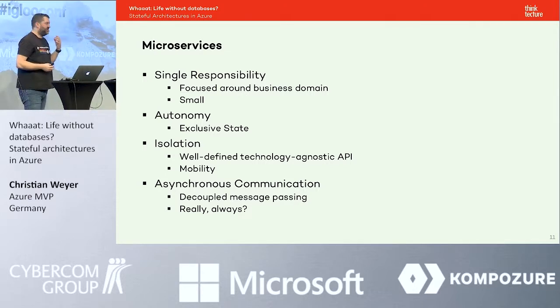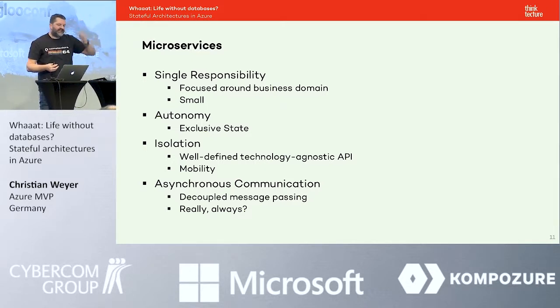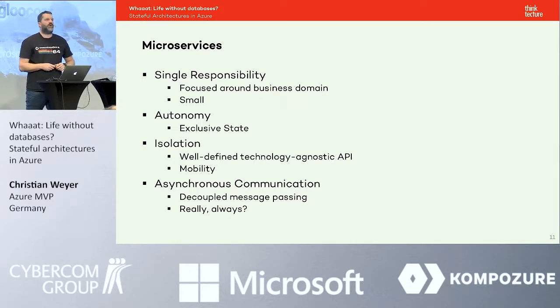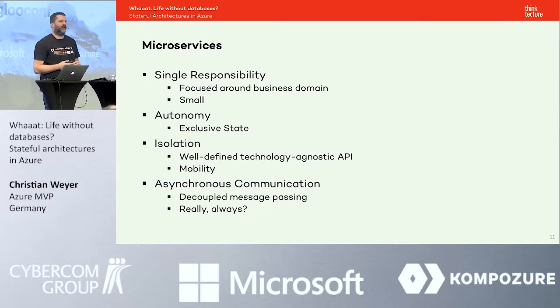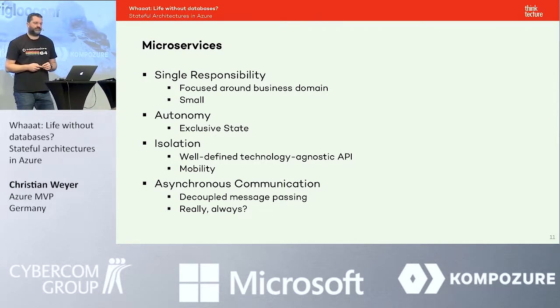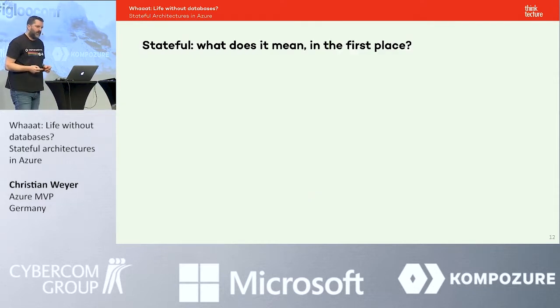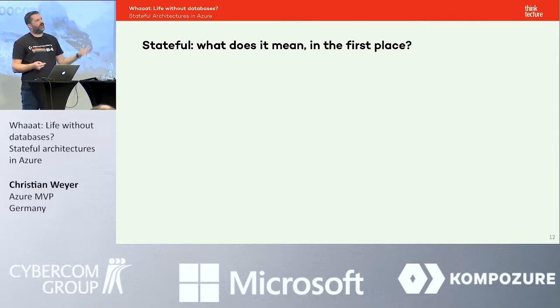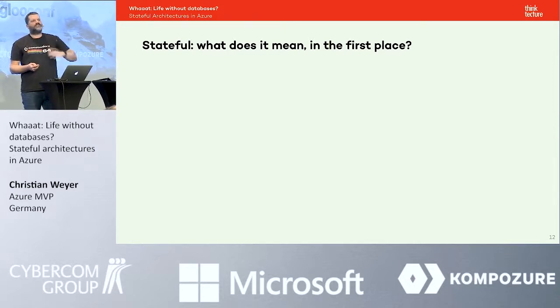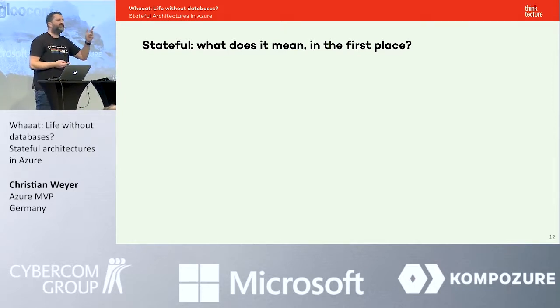The exclusivity of the state and the decoupled message passing for async communication, those are maybe the biggest challenges of microservices architectures. Okay, so when we talk about microservice architectures, what does it then mean to have a stateful architecture?